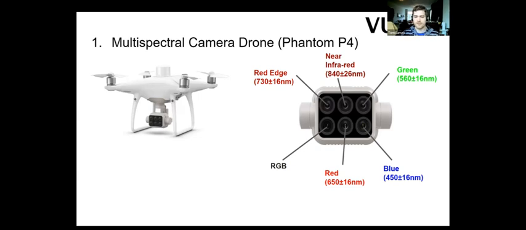It has several bands, of which two are in the near infrared side of the spectrum, which, as I'm sure some of you are aware, is very useful for vegetation mapping, for things like NDVI, for example, which gives us a lot of information about plant health and biomass.